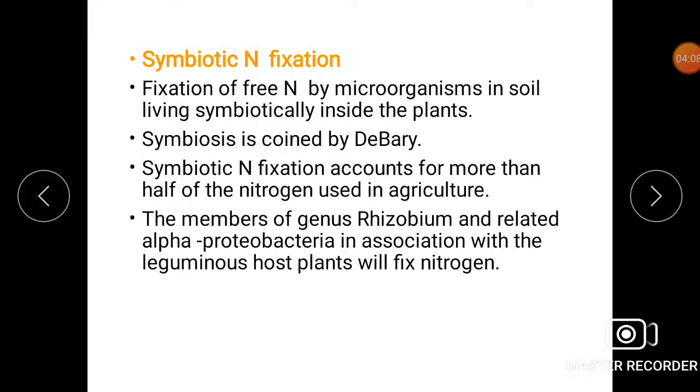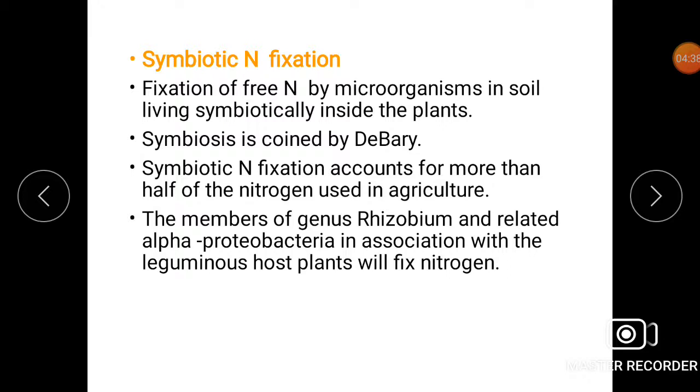And cyanobacteria, an example being species of Anabaena living in the root nodules of Azolla. Azolla is a water fern, and some species of nostoc living along with certain fungi, and the actinomycetes like Frankia living in the root nodules of non-legumes like Casuarina, Myrica, etc.